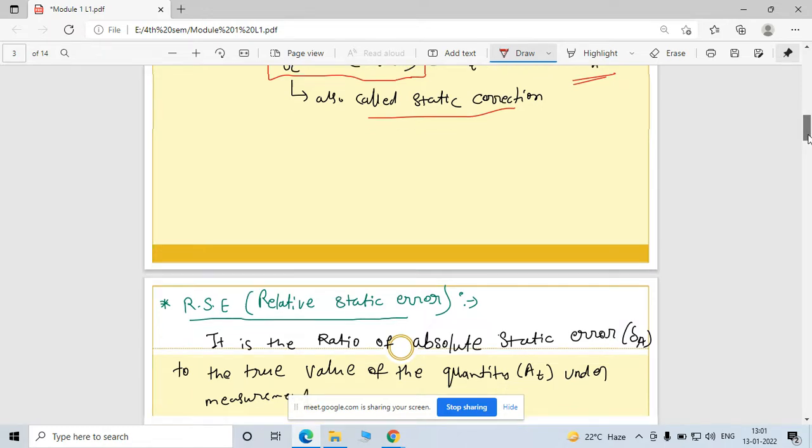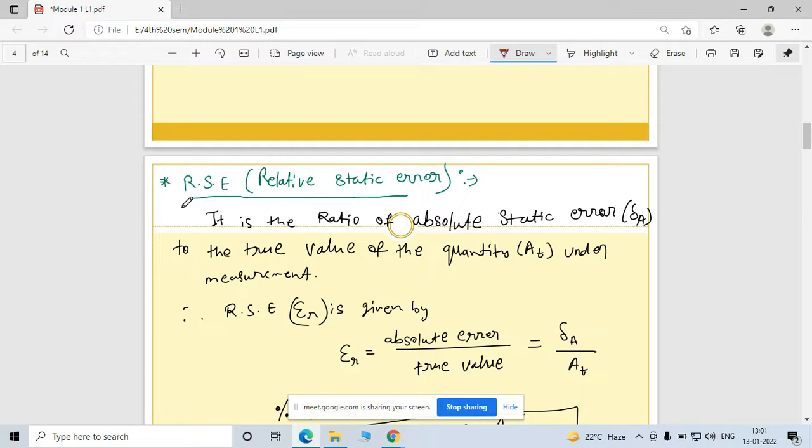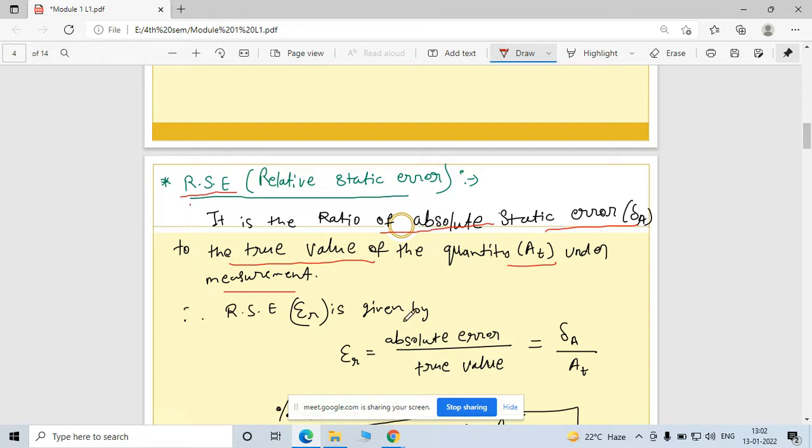Now see here, relative static error. Relative static error is the ratio of the absolute static error, which is del A, to the true value of the quantity under measurement. By definition you can directly write this.